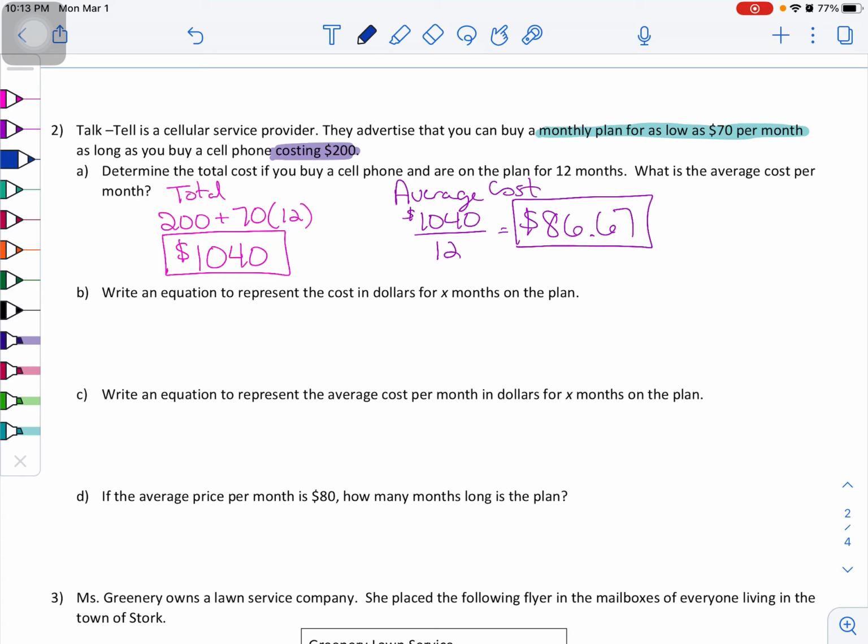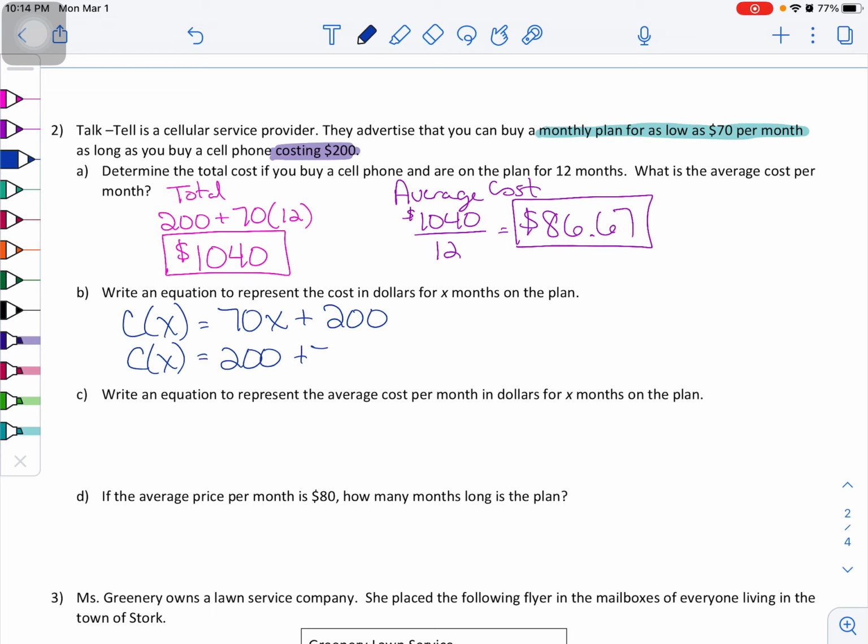So that's part A. Part B, write an equation to represent the cost in dollars for X months on the plan. So again, I'm terribly creative. C of X for cost for X months. Per month, you've got to pay $70, so 70X, plus the cost of the phone.